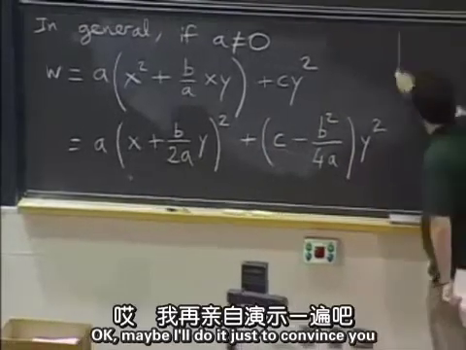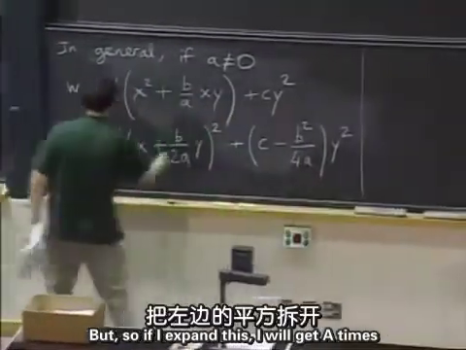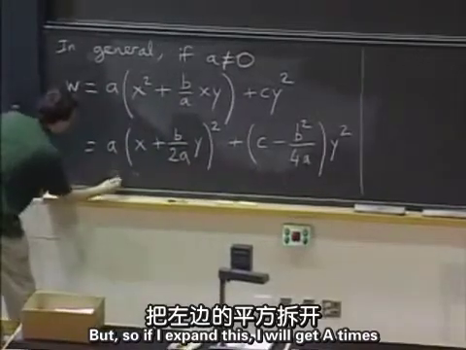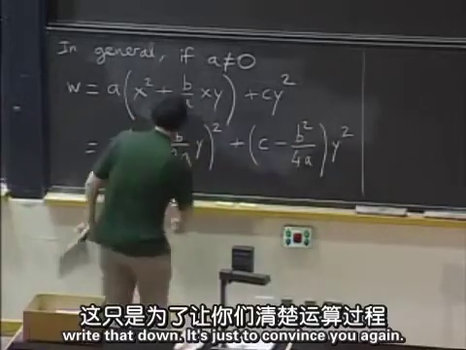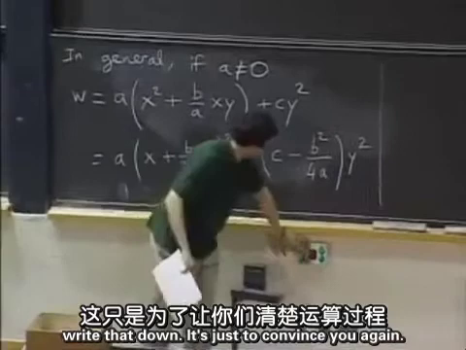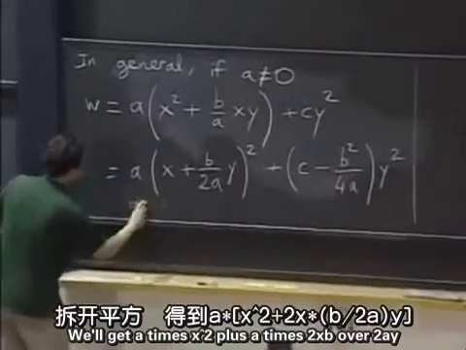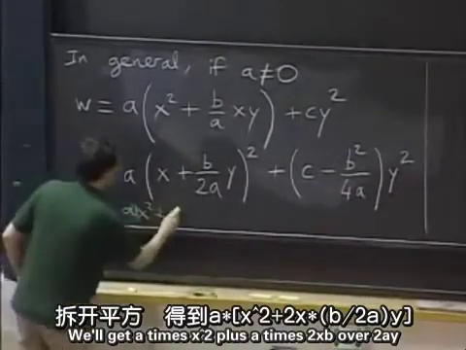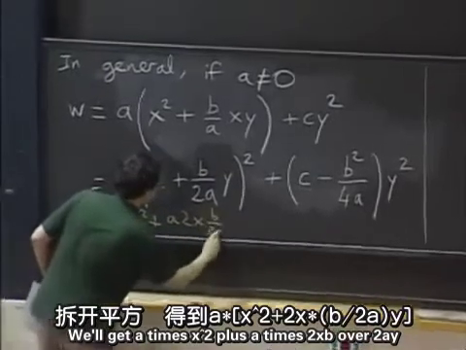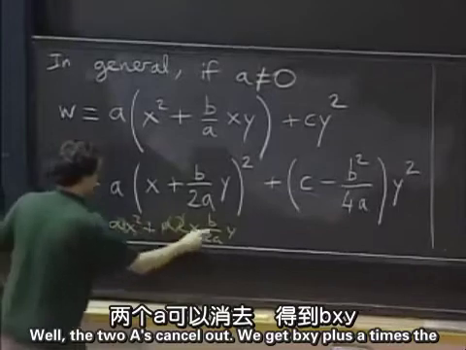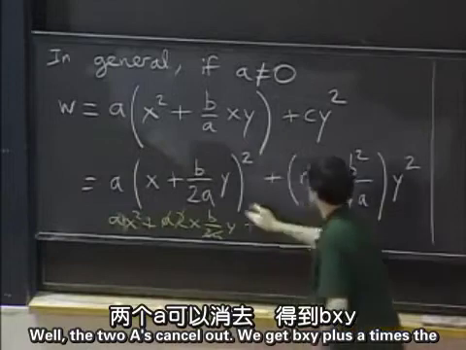Okay, maybe I'll do it just to convince you. Let me put that in a different color because you shouldn't write that down. It's just to convince you again. If you don't see it yet, let's expand this thing. We'll get a times x squared plus a times 2x b over 2a y. Well, the 2 and a cancel out. We get bxy plus a times the square of that.